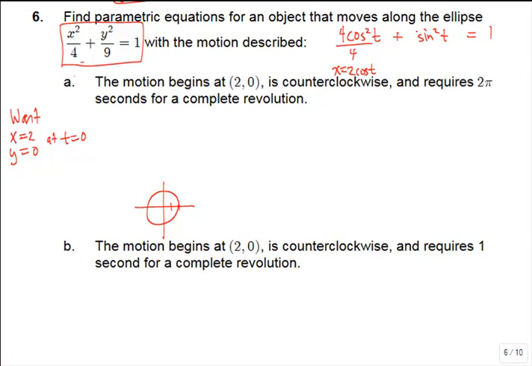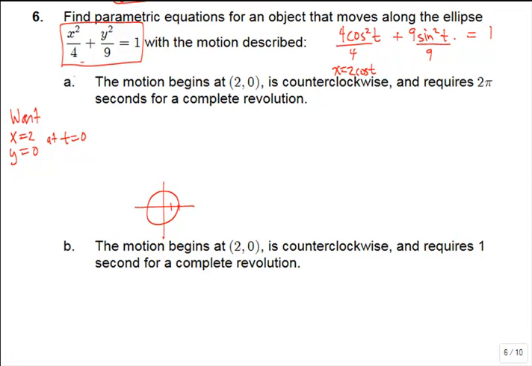And then, to make this part match and get a 9 in the bottom, I'd have to have a 9 on the top to make this Pythagorean identity still be true. Because remember, we want these 4's to cancel to give a 1, and we want these 9's to cancel to give a 1, so that we end up with that basic cosine squared plus sine squared equals 1.